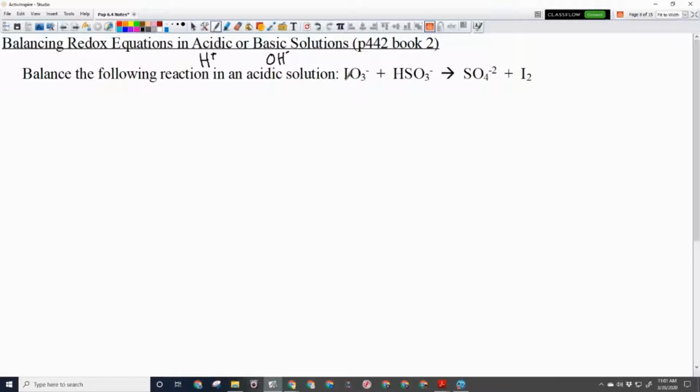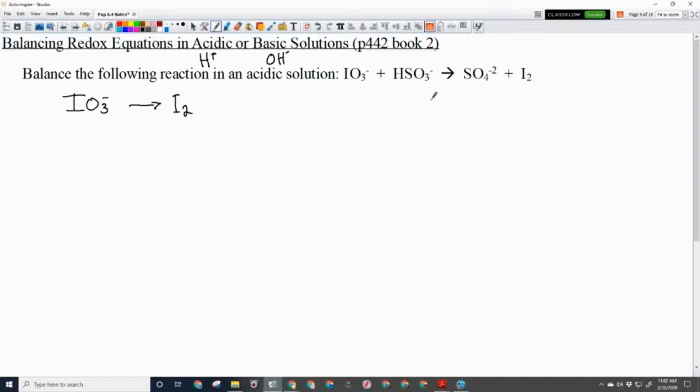All right, so my first step is to separate these into two half equations because I see I have IO3 minus and iodine over here. What you want to do is keep elements that are alike together. So I have IO3 minus yields I2 on this side.